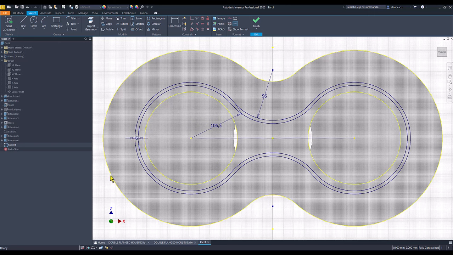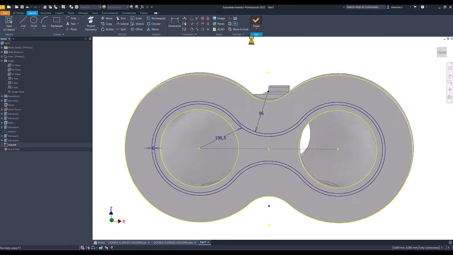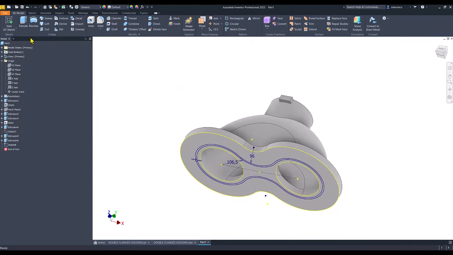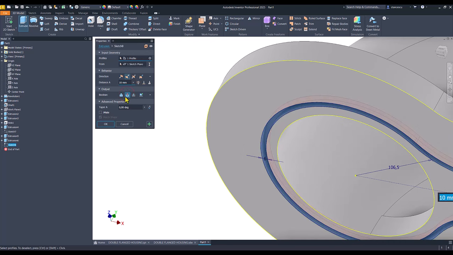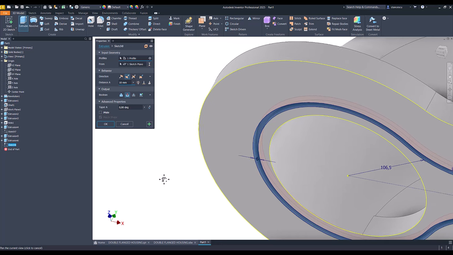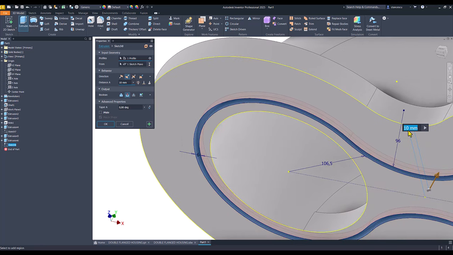Now it's okay. Finish, extrude in this band with cut of 3. Okay.